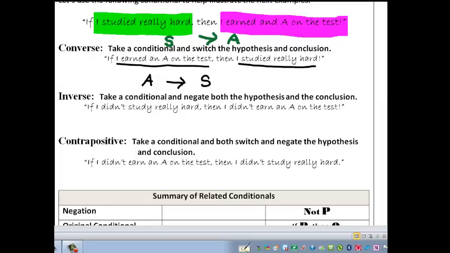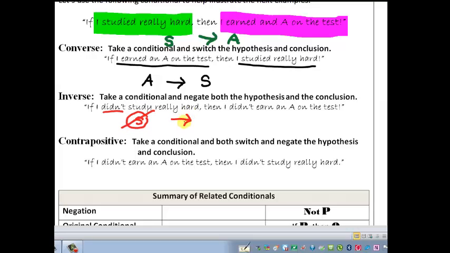The next one we want to look at is called the inverse. This is where we take our conditional statement and we leave everything in its spot, but we negate both the hypothesis and the conclusion. So we're going to give them opposite meaning. Our original hypothesis was I studied really hard. So our negation, there you see it right there, is I didn't study really hard. So we are saying that the studying did not happen.